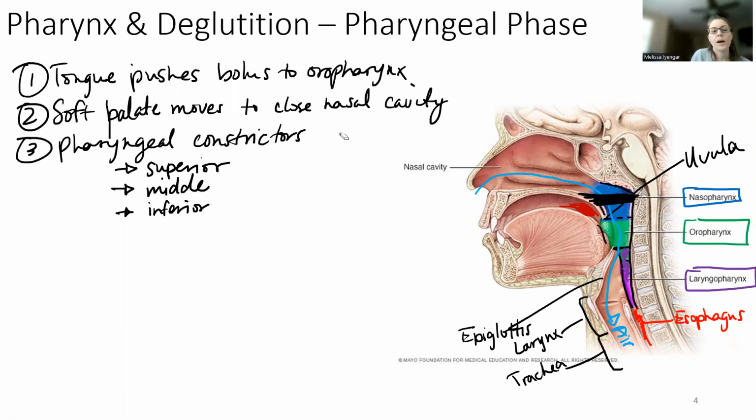And I'm not quite sure what order this happens in. It's not something you need to worry so much about, meaning I'm not going to ask you what happens first, second, or third. I'm just putting 1, 2, and 3 to make it easier to remember.